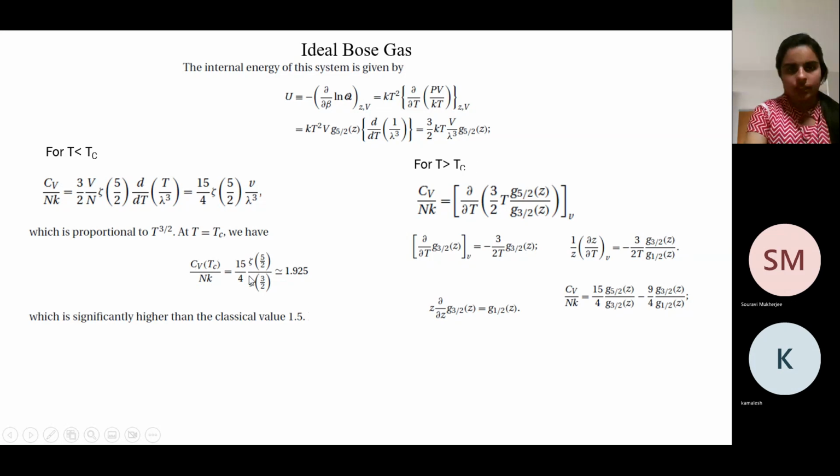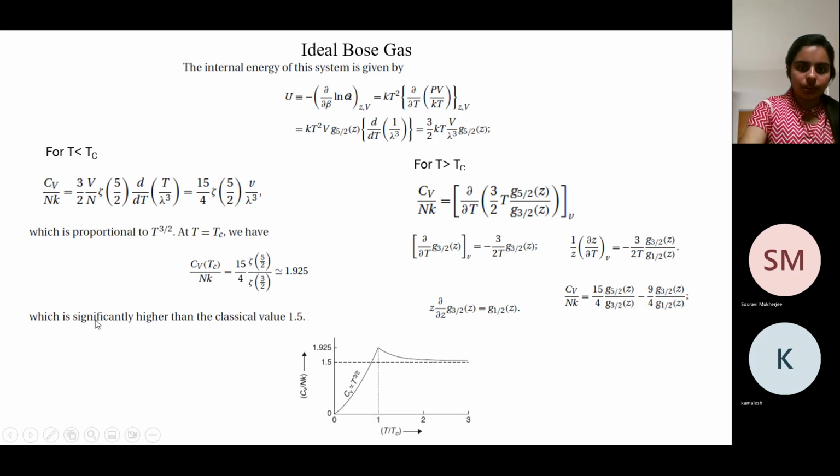And this is your expression when you are at the transition temperature, or the critical temperature. And this is what happens when you go below the transition temperature, right? So if you plot them, you would get something like this. When T is equal to Tc, you get a value of 1.925, which is greater than the classical value.